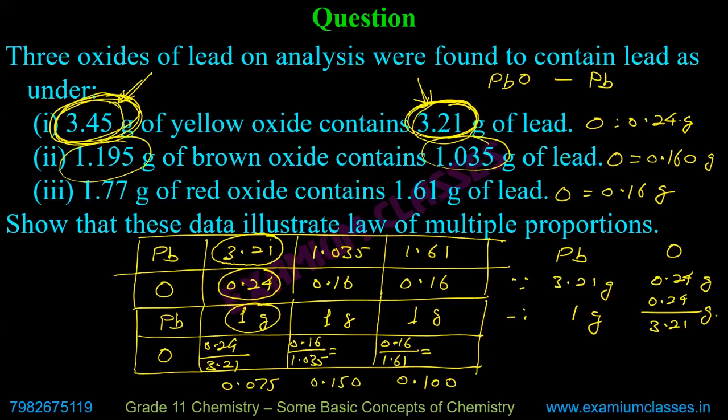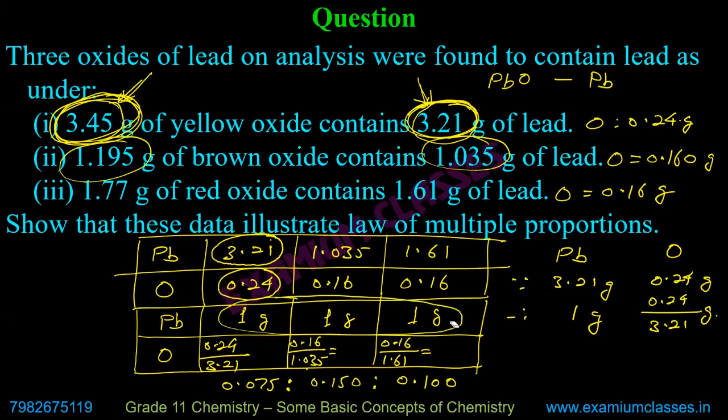Now again, slightly tricky. You need to simplify this to show that these are in a simple whole ratio. These are the ratios of oxygen. Oxygen is present in all three oxides. If we compare, this is the ratio of oxygen if lead is fixed.